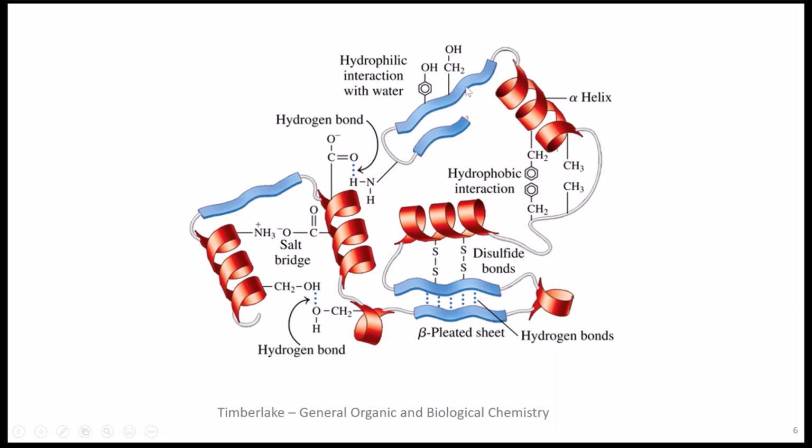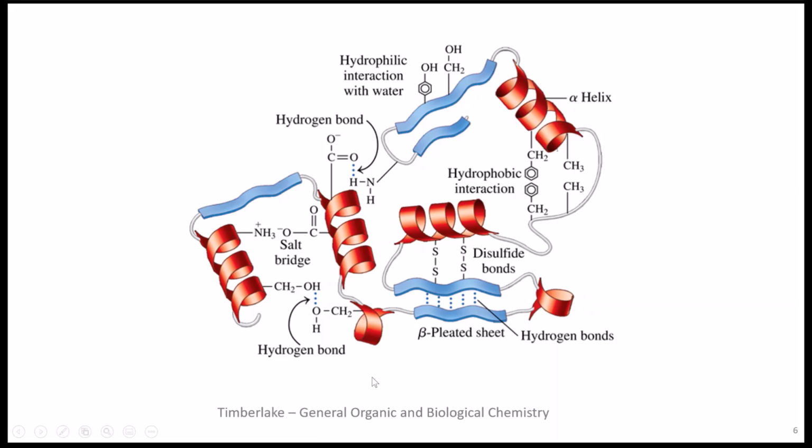You should be able to identify what these two amino acids are just based on their side chain. You can also have hydrophobic interactions, maybe some stacking of these hydrophobic rings, or maybe two alanines interacting. And then here are those disulfide bonds, which we're going to look at in a second, where you can actually have a covalent interaction between two amino acid side chains.